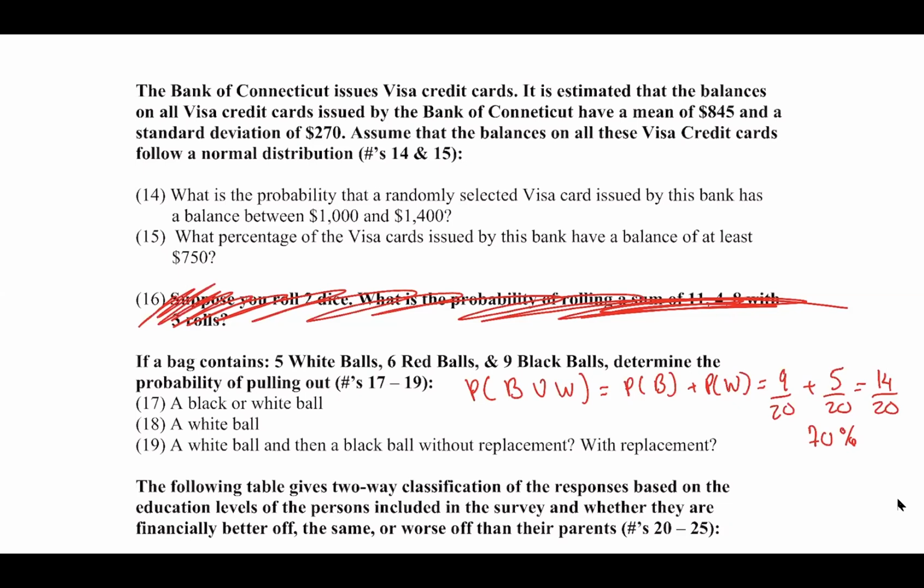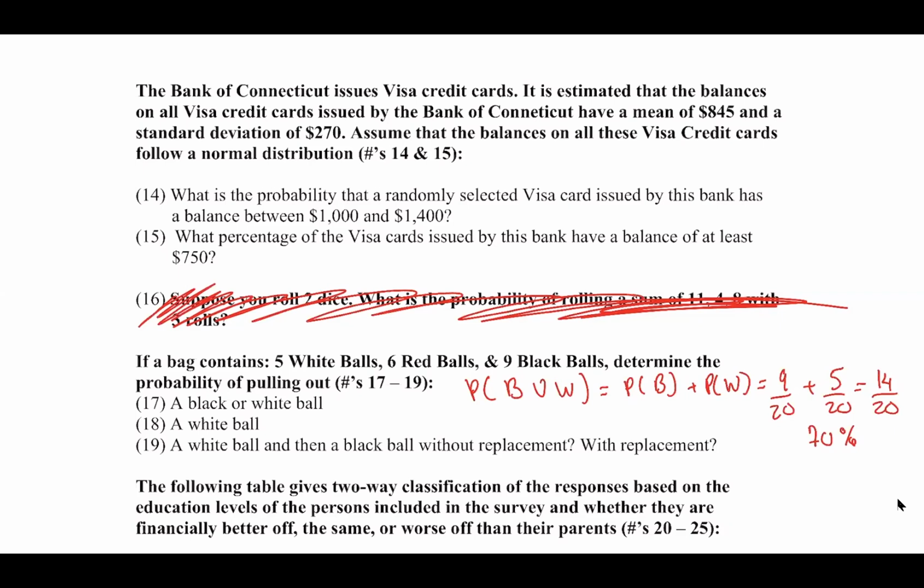All right, so let's do 19, then we'll do 10. For 19, we want to find the probability of a white ball and then a black ball without replacement. Before we get into that, what does it mean when it says without replacement or with replacement? Without replacement means once you select that ball, you can't select that ball again.